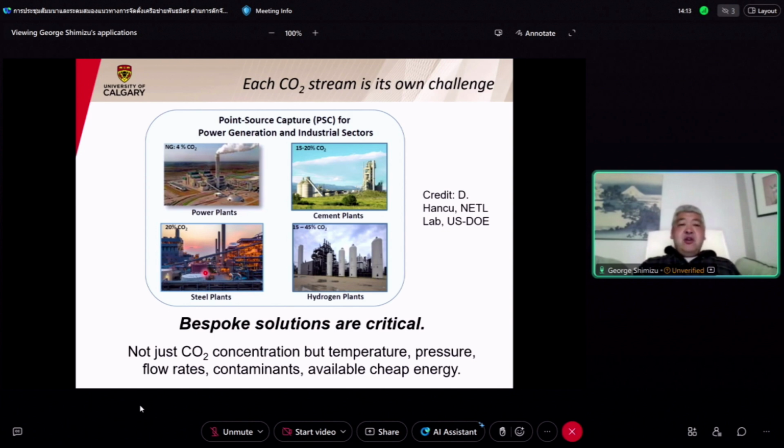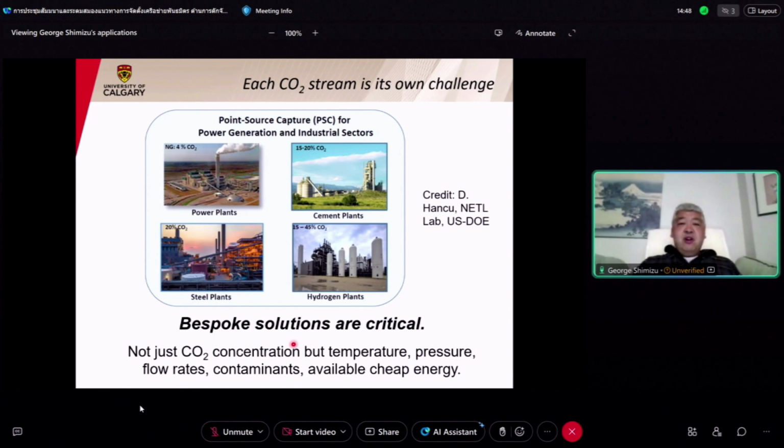And by that, I mean it could be the same powder, but the engineering cycle would need to be optimized to match each of these streams, and not just in terms of the CO2 concentration, but in terms of the temperature, the pressure, all the process conditions, the flow rates, and also consider what is the available cheap energy at the particular location, even if there's another process running next to it that has waste heat that can be used.